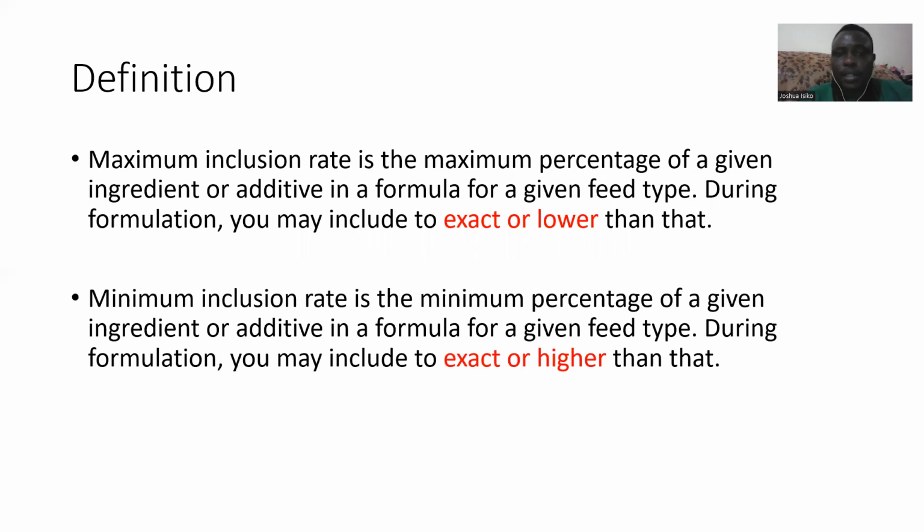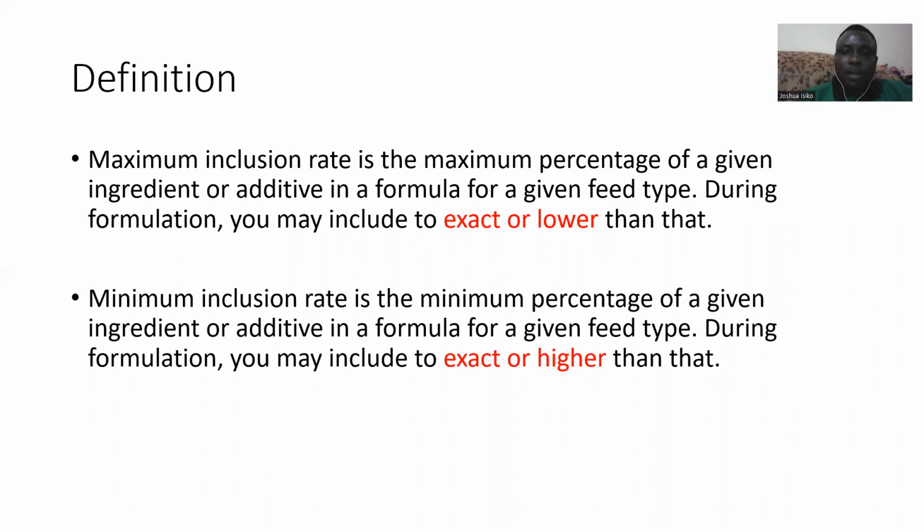A definition: what is the maximum inclusion rate? It's the maximum percentage of a given ingredient or additive in your formula for a given feed type. For instance, I am making a formula for layer birds that are laying eggs.